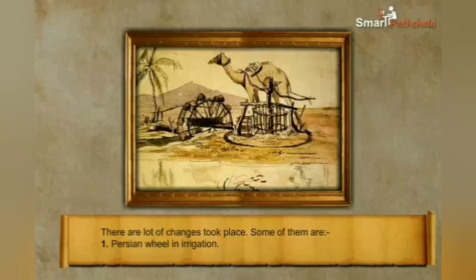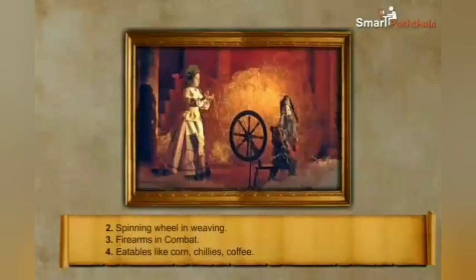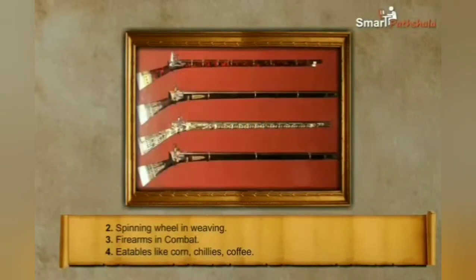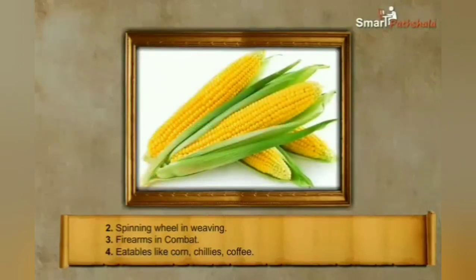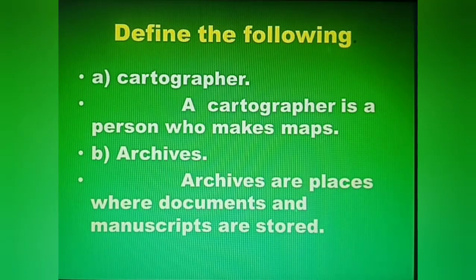Persian wheel in irrigation. 2. Spinning wheel in weaving. 3. Firearms in combat. 4. Eatables like corn, chilies, coffee. Children, I hope you get an idea about the introduction to our history lessons on the medieval period.